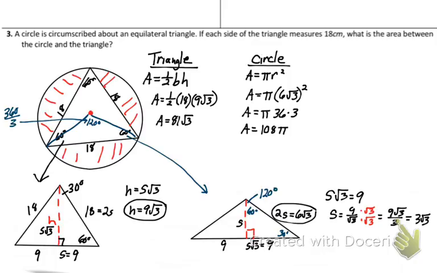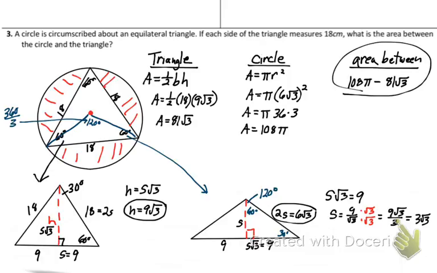So the area between is going to be the area of our circle, which is 108 pi, minus the area of my triangle, which is 81 square root of 3, and that's how we're going to leave it.